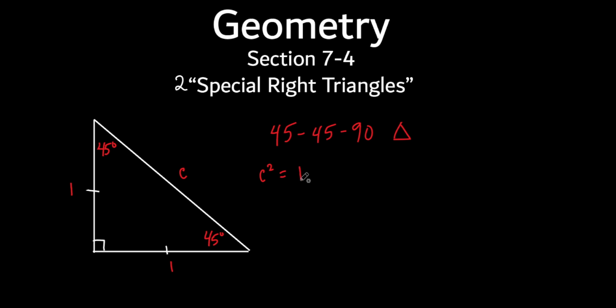I got numbers here. So 1 squared plus, I got a number there too, right? So I'm not using A and B because I got numbers for A and B. Everybody good so far? All right, it's not too hard. So C squared equals, what's 1 squared? 1 plus 1 squared is 1. What's 1 plus 1? 2.